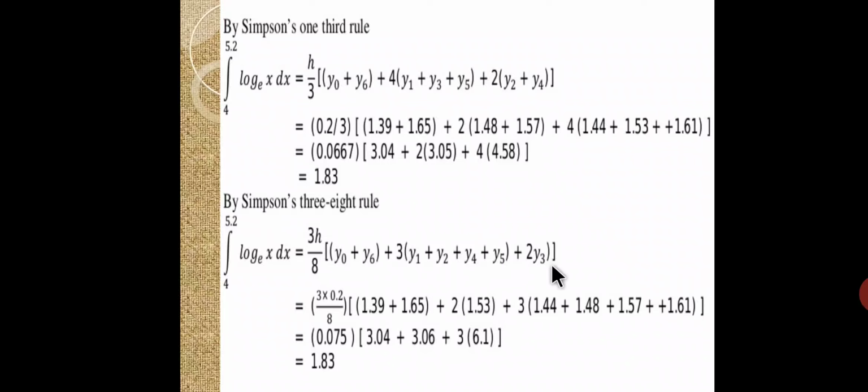We substitute these values from the table. We get 3 into 0.2 by 8 into 1.39 plus 1.65 plus 2 into 1.53 plus 3 into 1.44 plus 1.48 plus 1.57 plus 1.61. We simplify this using a calculator. We get the value 1.83.